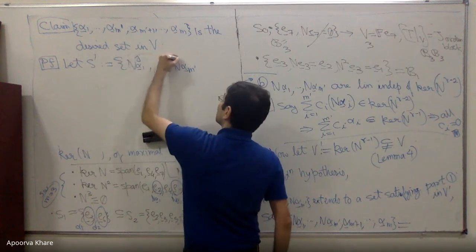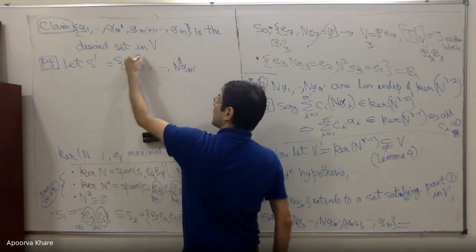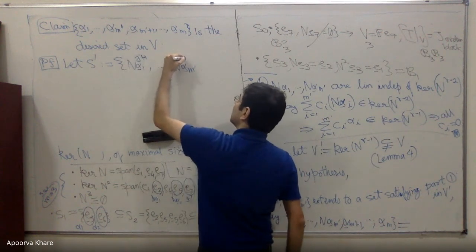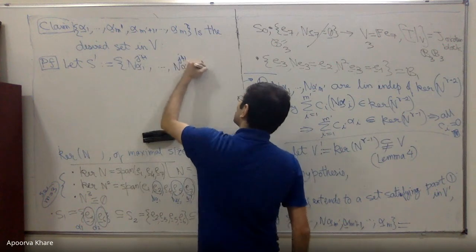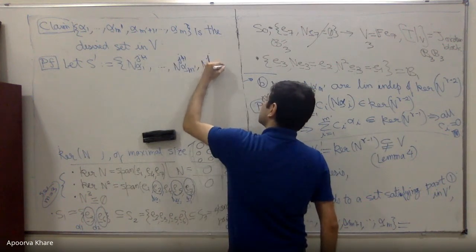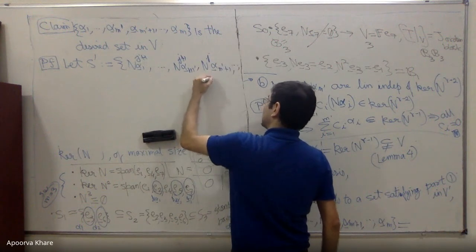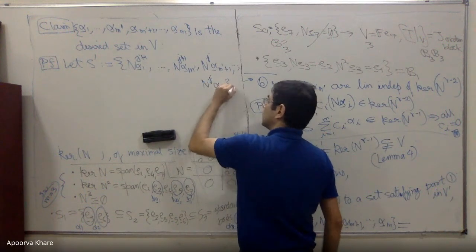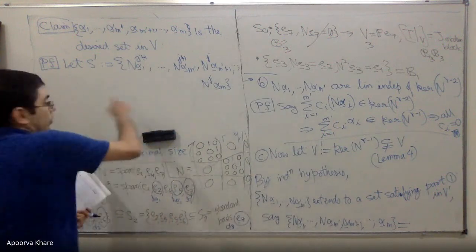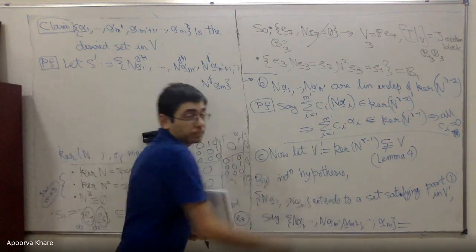So n to the j alpha 1, but there was already an extra n, so j plus 1 here. And then n to the j alpha m prime plus 1, up to n to the j alpha m. So first of all, they define S prime to be the set of all these things and the powers of n applied to them.